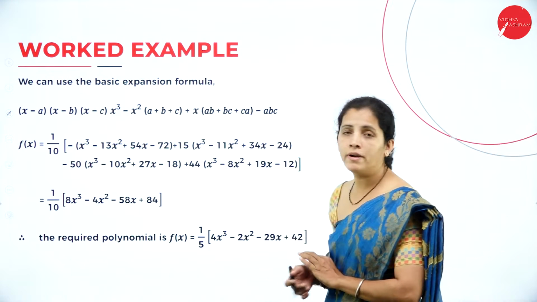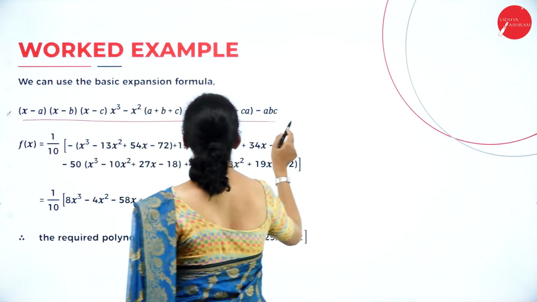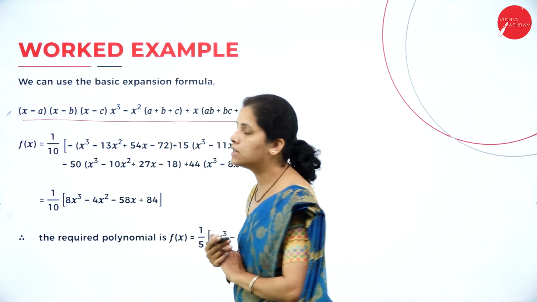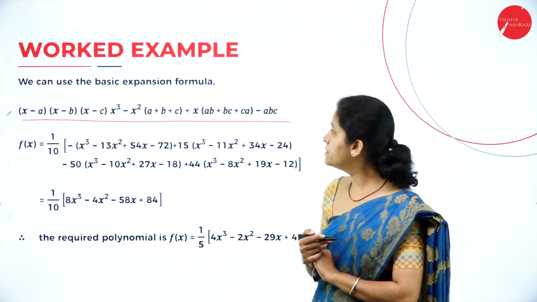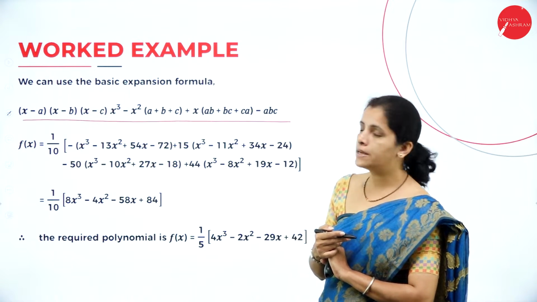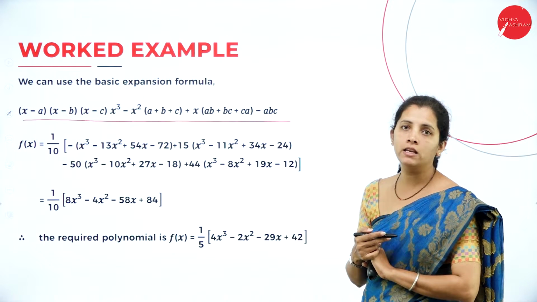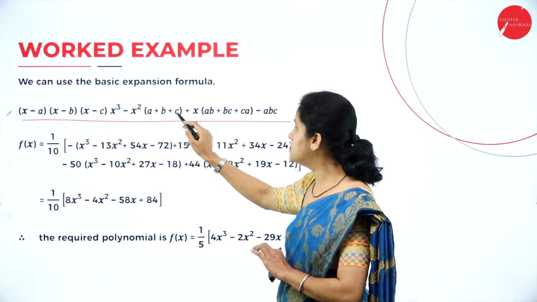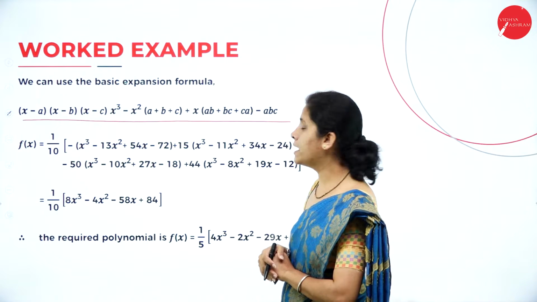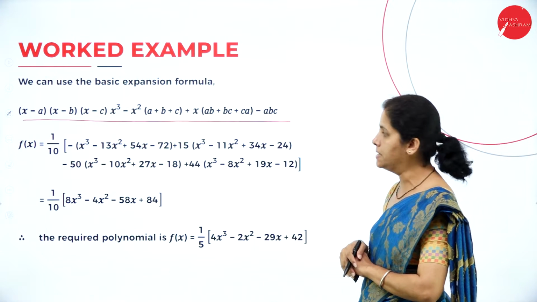And to simplify this one, I'm going to have the formula, that is x minus a, x minus b and x minus c. So if I expand this one, I'll get x cube minus x square into a plus b plus c plus x of ab plus bc plus ca minus abc.